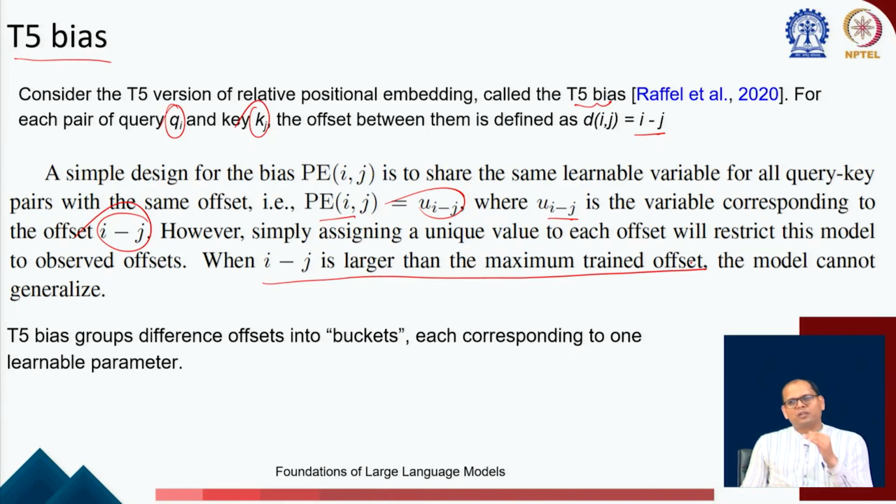You can group the offsets into buckets, and you can have a bucket for everything beyond a certain offset that you have seen. They group these offsets into buckets, each will be a learnable parameter. So, I will have some fixed number of learnable parameters, and I will be able to account for any distance that I have not even seen in the training data.